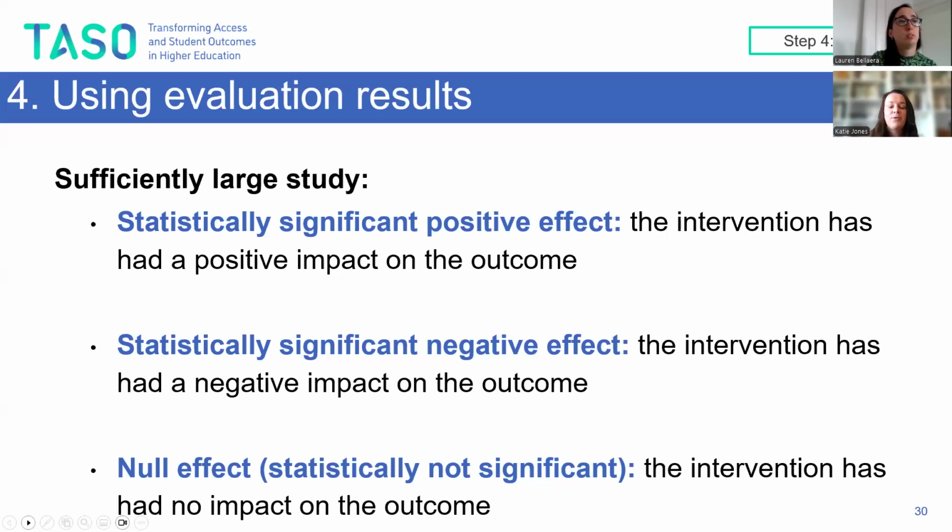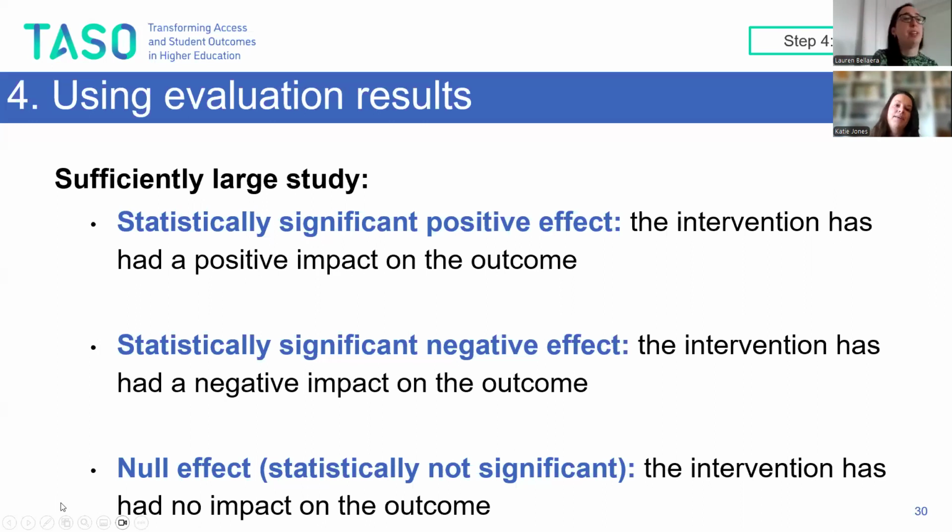However, a null effect may also be due to implementation challenges of the programme. So when you were running the programme, perhaps certain elements weren't delivered in the way that you would expect in terms of business as usual, or maybe take-up of the programme wasn't particularly high, so you're not seeing the impact that you would expect. Or you may get a null effect because of methodological challenges of your evaluation.